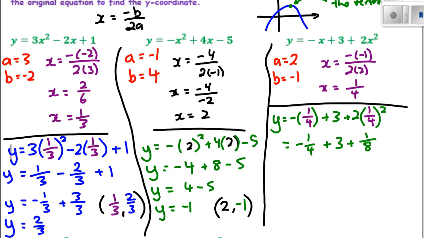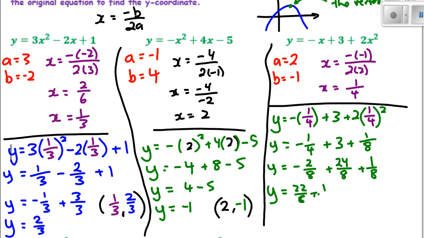So if you want to add these together, you probably want to make a common denominator of 8. So it equals negative a quarter, negative 2/8, plus 3, which is the same as 24/8, plus 1/8. So negative 2 plus 24 is 22 over 8. Put y here if you want, it helps keep you on track. Plus 1/8.